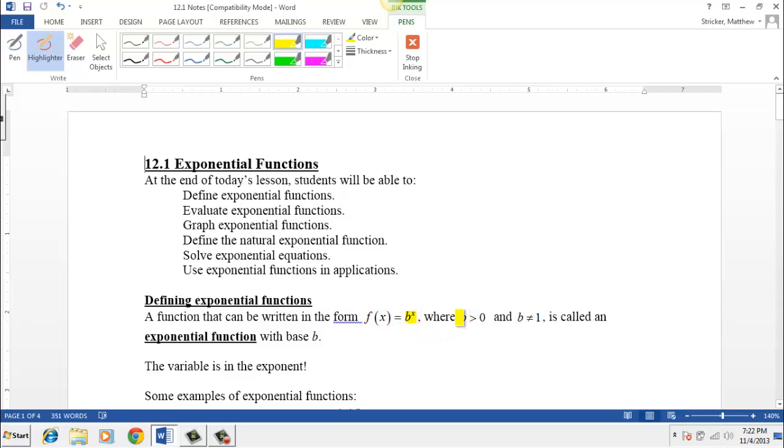We also require that the base b is a positive number, any positive number except for 1. Anytime we have that, we have what's called an exponential function. One thing to point out is that the variable is the power, or the exponent. So when we're plugging in an x, that x goes into the power.